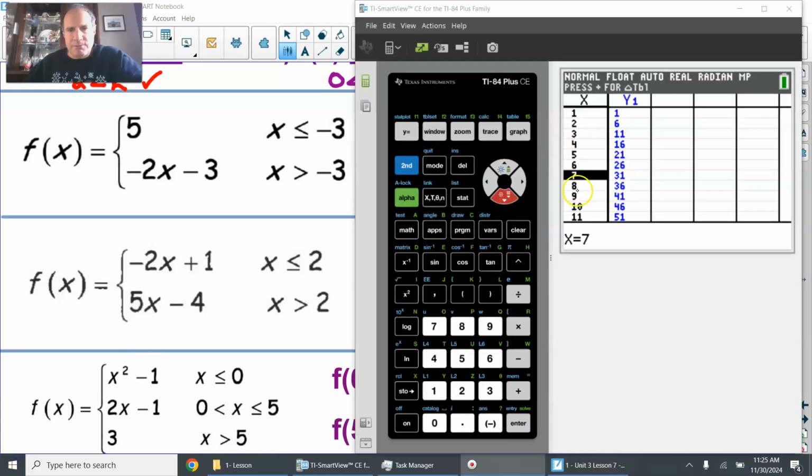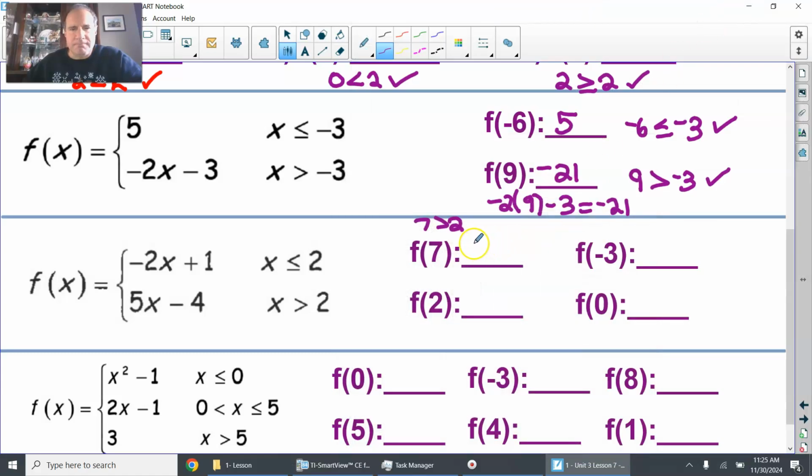And remember, they gave you a 7, so the output is 31. The input is 7. That means you have to use this because 7 is greater than 2. Now, I'm going to leave this 5x minus 4 directly in my calculator, and anything that is greater than 2, I'm just going to get done right. I'm just going to get finished now. And there's nothing greater than 2.